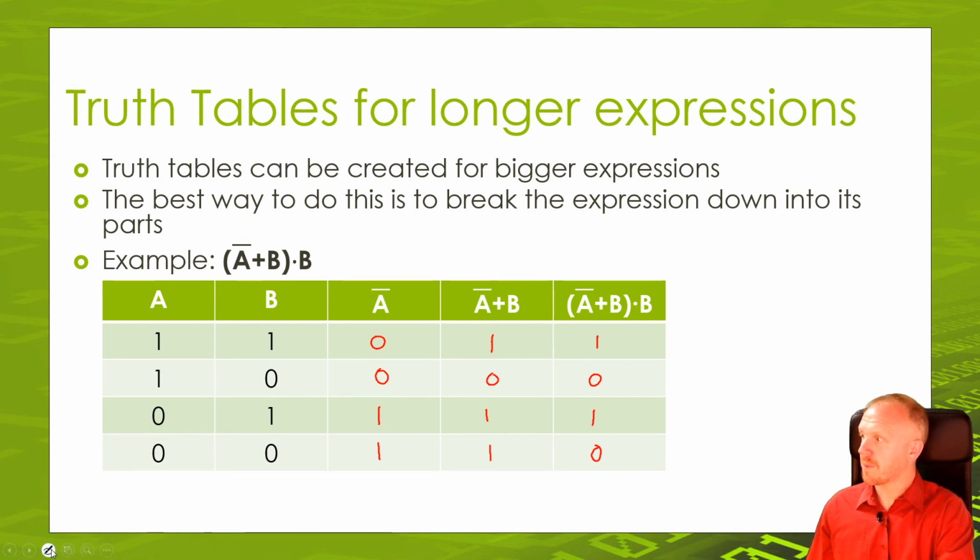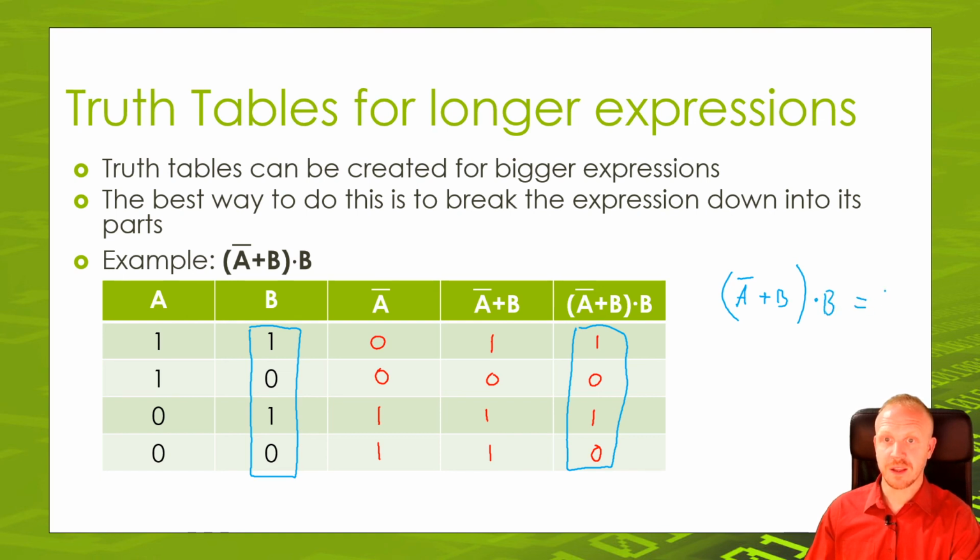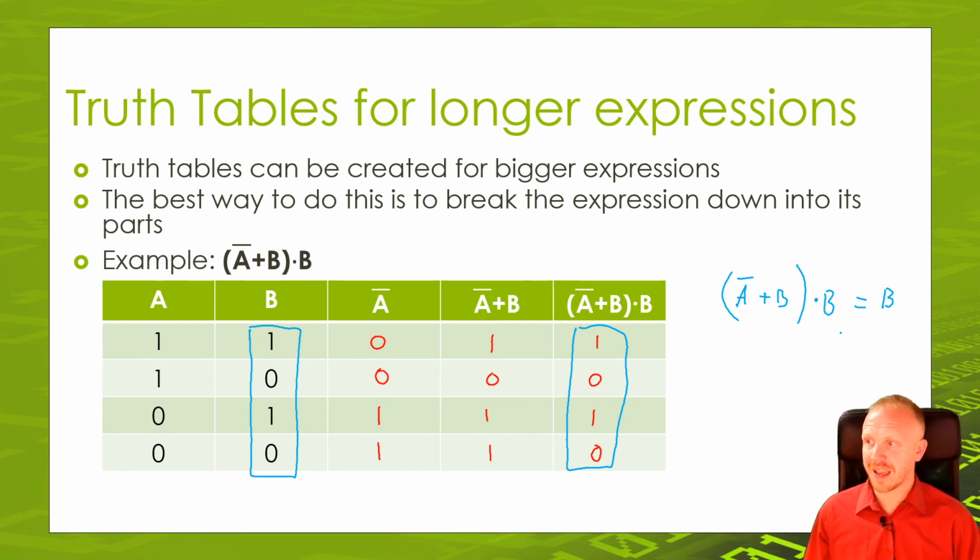If I highlight these bits here, this final column, which represents the full expression, we'll notice 1, 0, 1, 0, that's identical to B. So this actually tells us that this expression, not A or B and B, actually just equals B. Now if we're doing some circuitry, we can now replace quite a lot of the circuitry with something much simpler. So that's a really useful simplification to do.